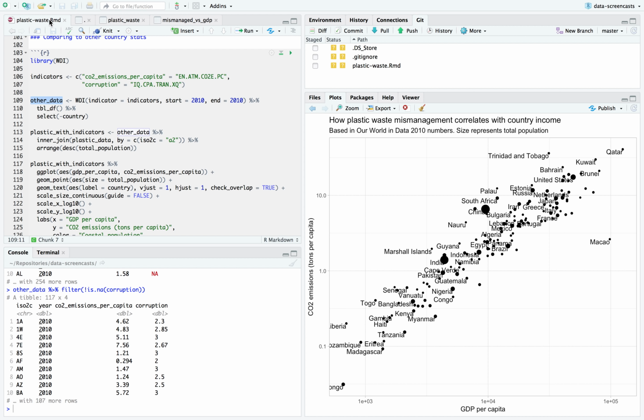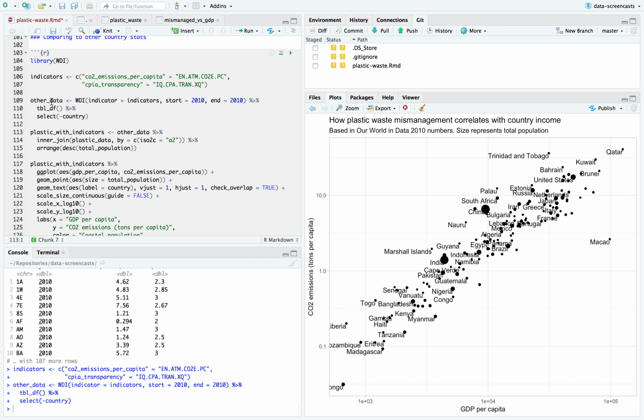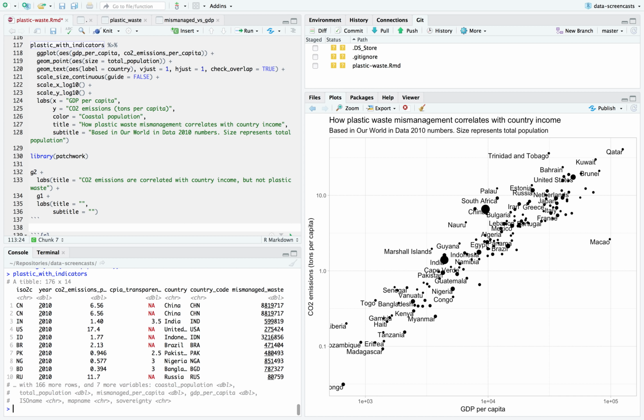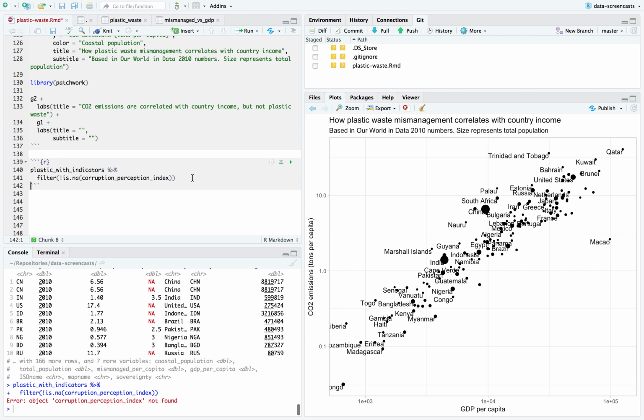I'm vaguely familiar with people working in this kind of area, but I'm actually going to name this transparency. CPIA transparency. And now here's our data all together.